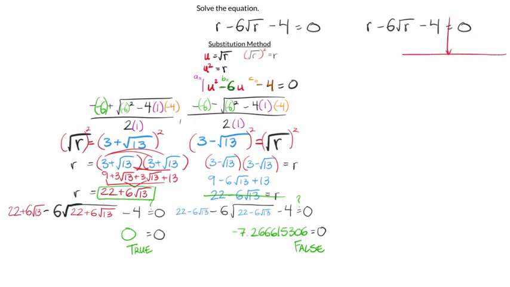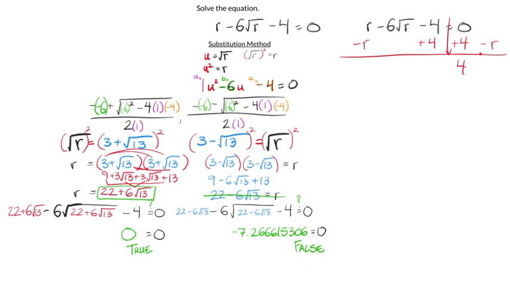Now, like I said, I would like to isolate my square root of r. So if I square one side, I can just square the other side, which means first up, you can probably see that -4, we're going to have to zero that out. It doesn't even have an r. So if I add 4 to the left, I'm going to have to add 4 to the right, which is going to give me 4. And even right now, I can get rid of the r value as well by subtracting the r.